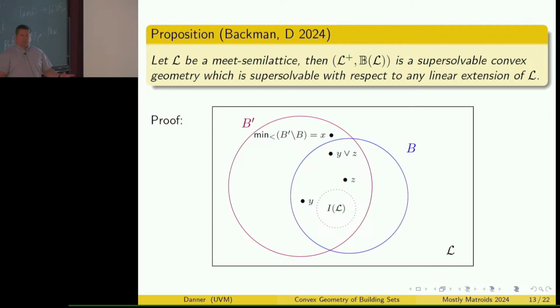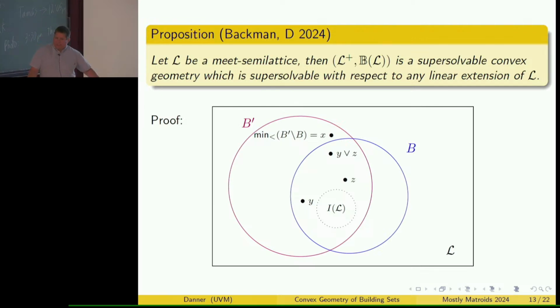Well, that's where our useful characterization comes in. The useful characterization said that we can prove that something is a building set by using it. I'm going to take two elements, any two elements in B prime minus X, because that's what I'm trying to show is a building set. So Y and Z here. I take anything, and if they have non-trivial meet, so they don't meet at 0, I need to show that their join is also in B prime minus X. And it is. They inevitably must be less than or equal to X, since X is the minimum one.